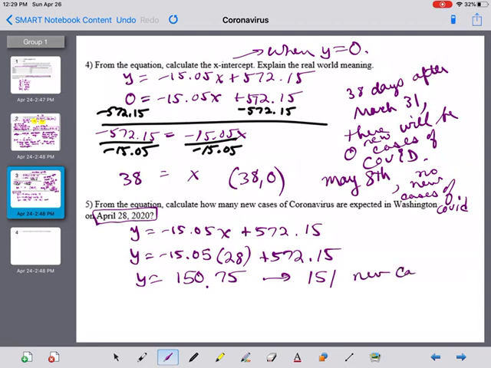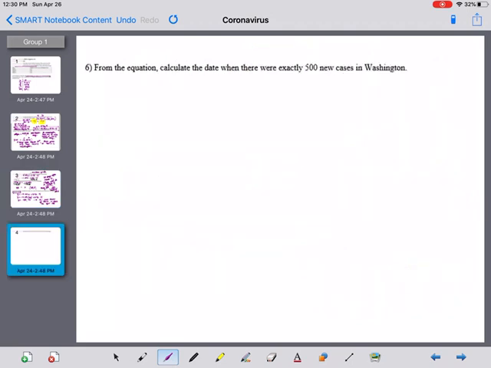So that means there will be 151 new cases of corona in Washington on April 28th, which is today if you're doing this assignment when it's due. And you can actually go on tomorrow and look to see if this was an accurate prediction. Maybe not.